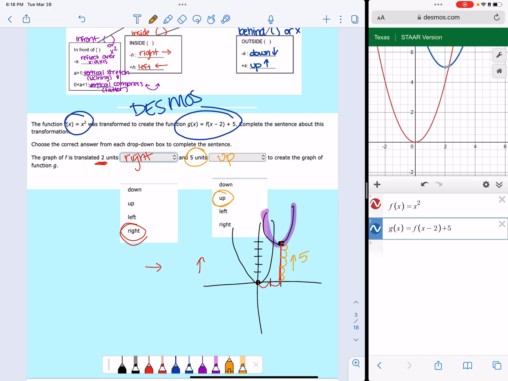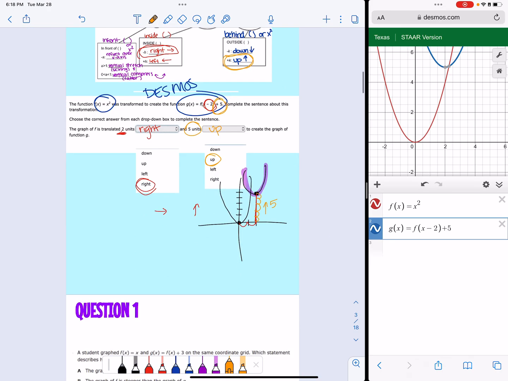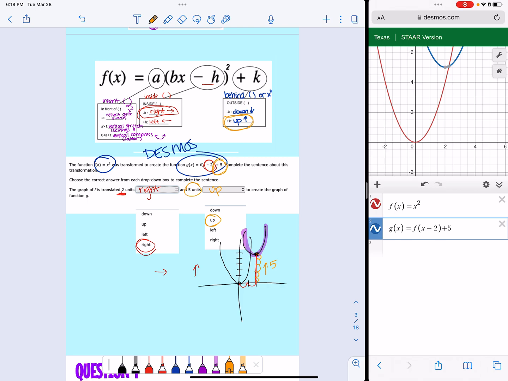So that's how you would do them. Or you can also use the rules. The rules are very helpful if you have them memorized. So it is -2. We know it's right. It would be right 2. This is a +5. So we know it would be up 5. Either way, you would get the same answer. So if you have any questions, let us know. Have a great day.